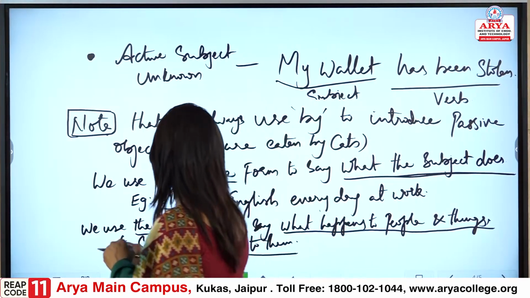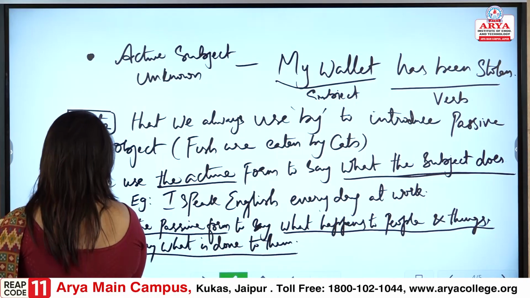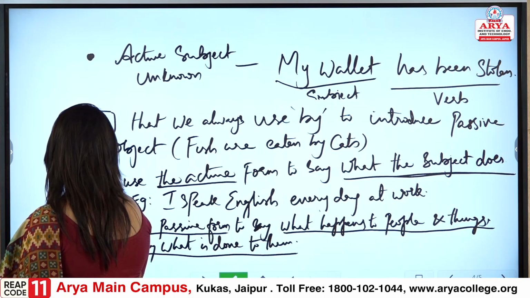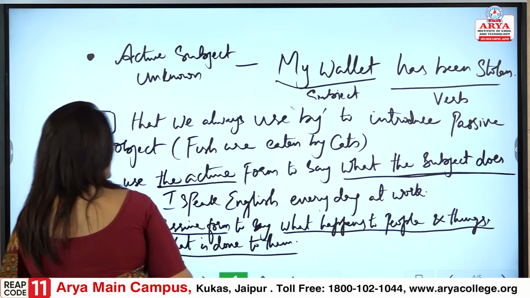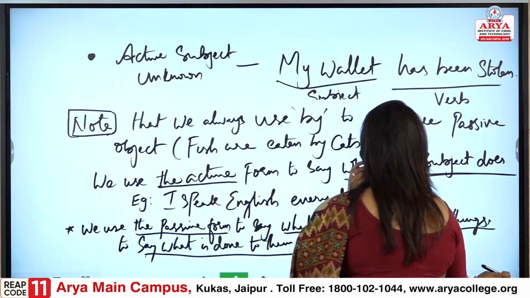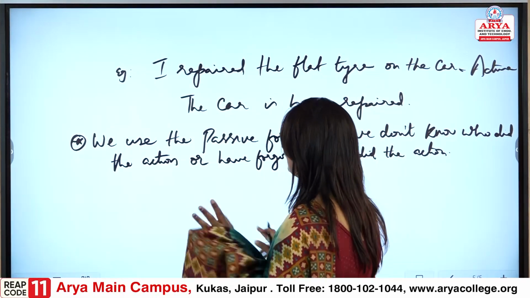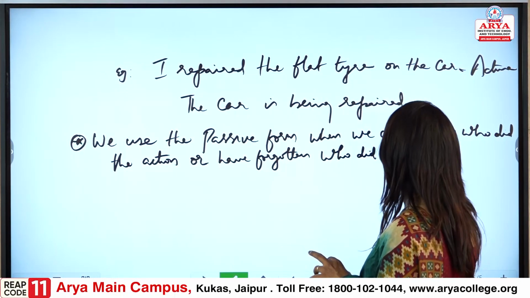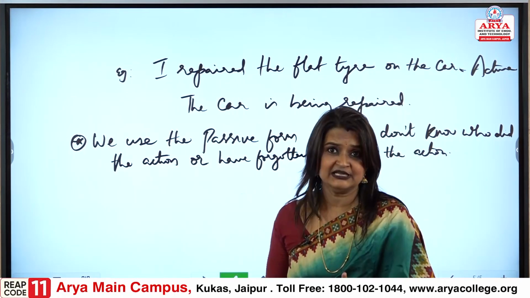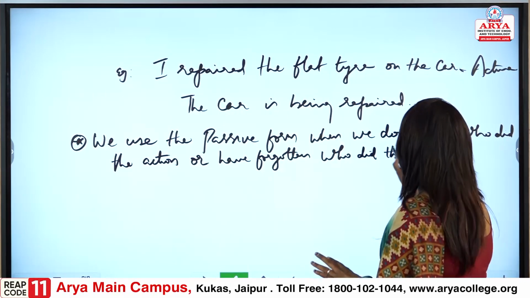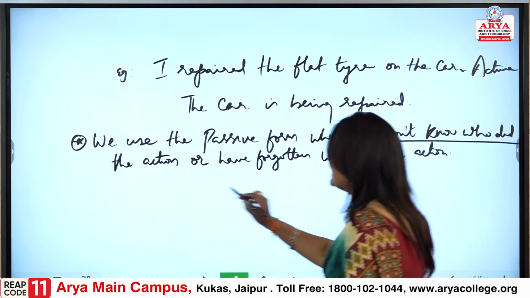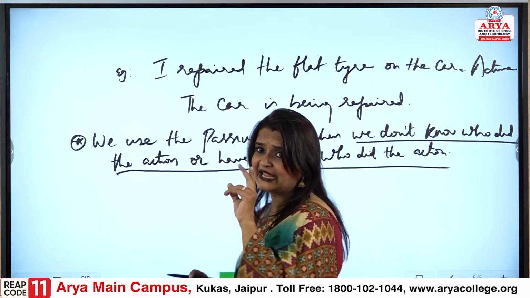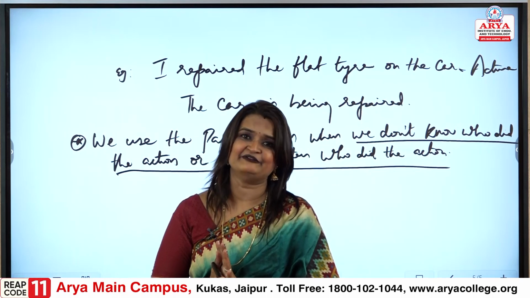This was the first important point. So now we use passive voice, passive form, when we do not know who did the action. Please remember this: when we do not know who did the action, or have forgotten. So, that is the second point, when we use the passive.